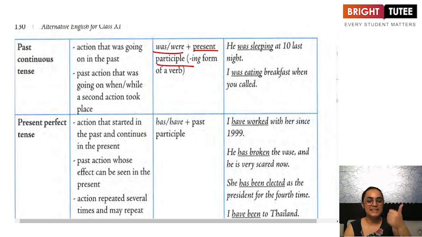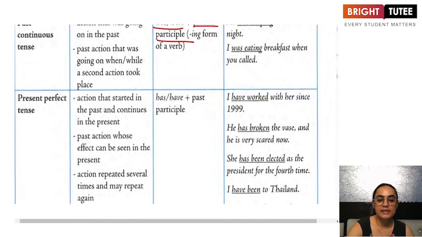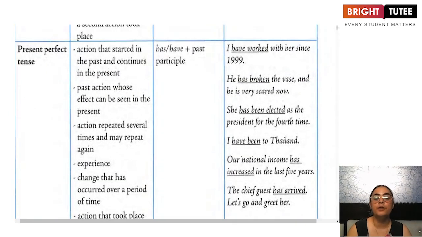I was eating Maggie when my brother disturbed me. My mother was watching television when there was a power shortage. So, when we are talking about two actions that are taking place, we use the past continuous. Okay?